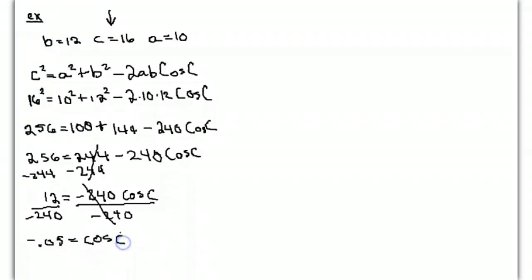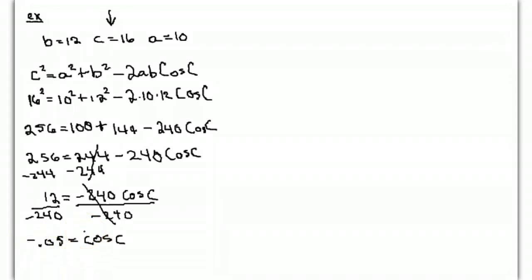So anybody know what we're solving for? C. Okay. That's negative 0.05 equals cosine C. How do you get the cosine to the other side? The same way you got that sine to the other side. You can't divide by a function.